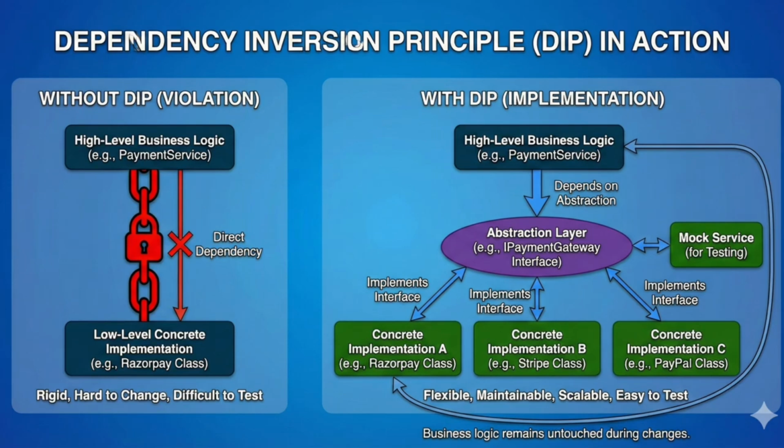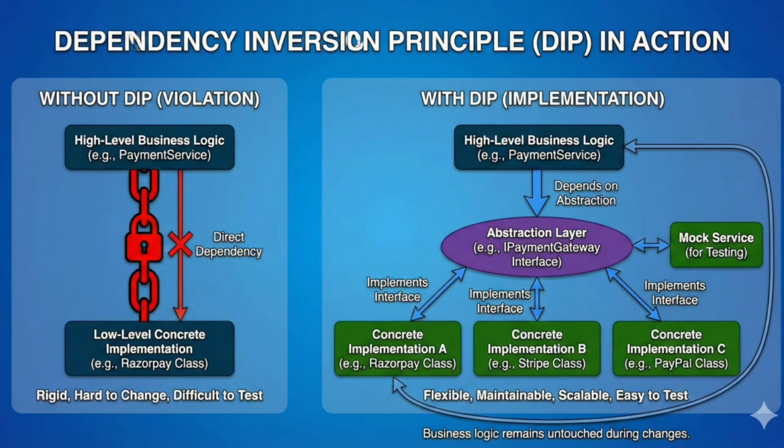This creates dependency chains, increases risk, introduces bugs, and makes the application hard to maintain, hard to scale, and difficult to test. This situation clearly violates the dependency inversion principle, because here the high-level business layer directly depends on the low-level payment implementation. So what is the correct approach?